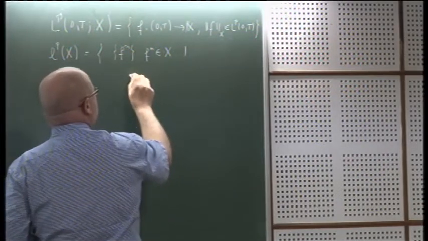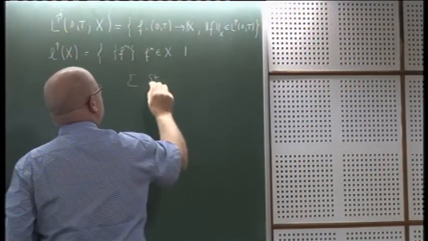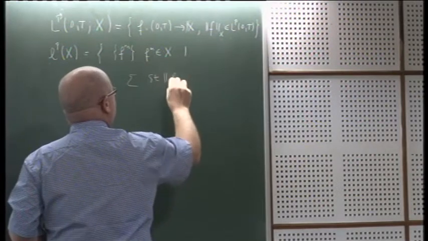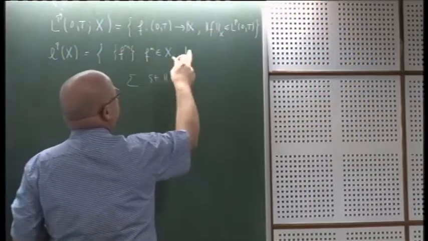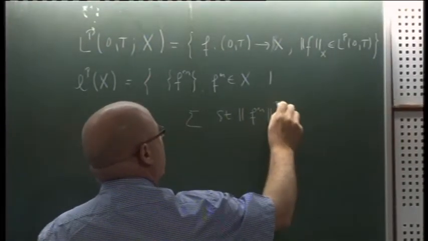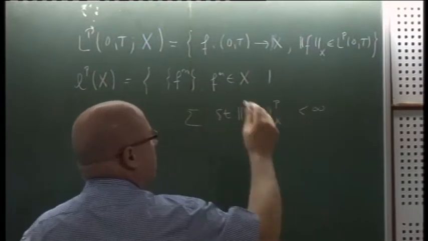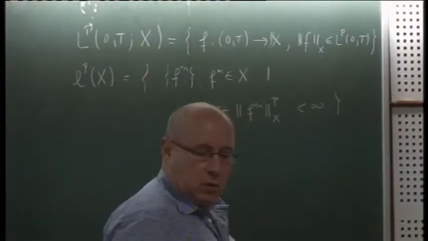That means that the sum of the time step times the norm of f^n in the space where it corresponds, to the power of p, is bounded, or if you want, the p-th root of that is bounded.